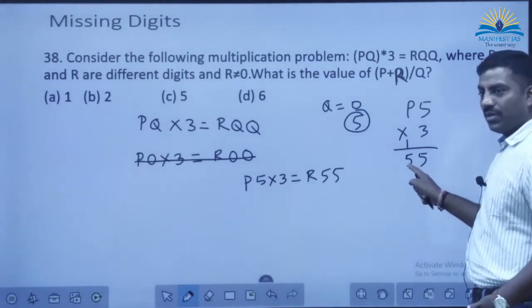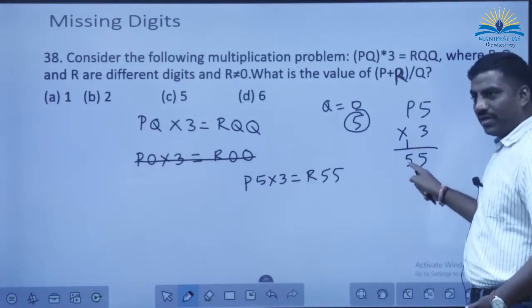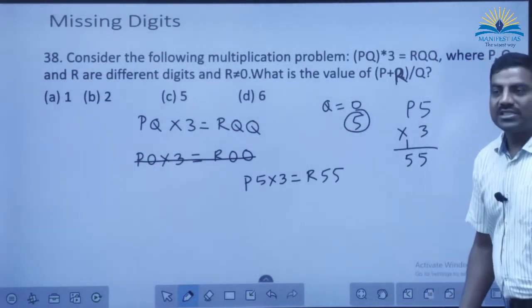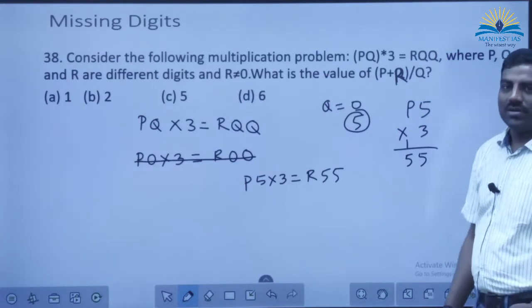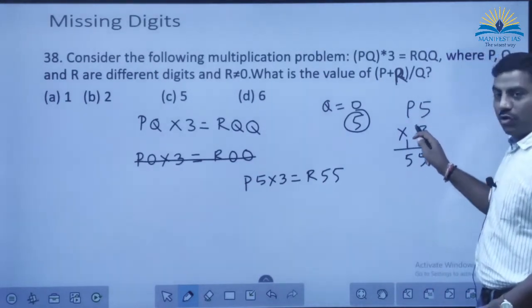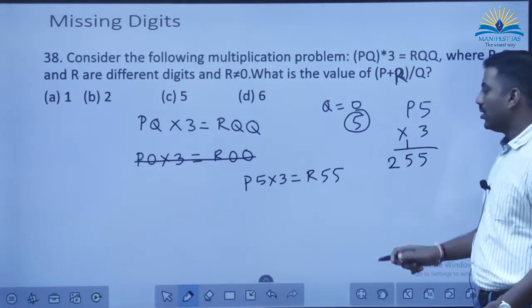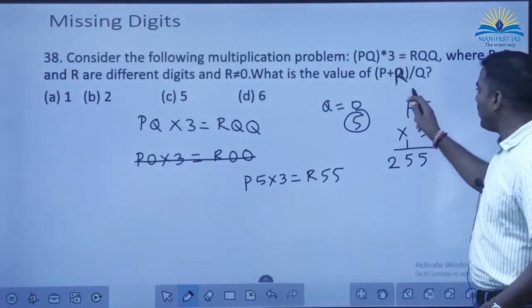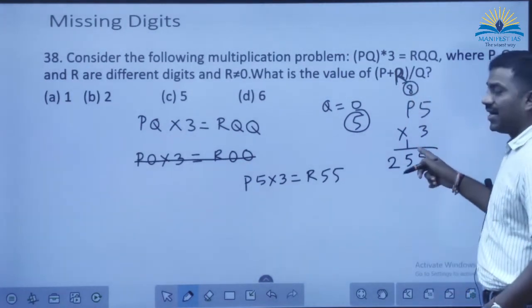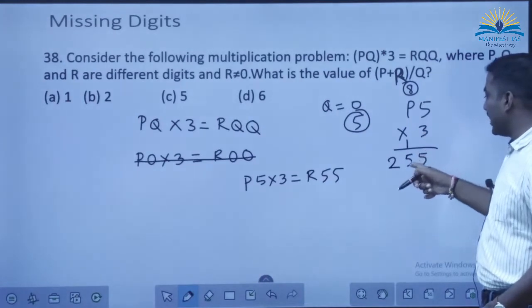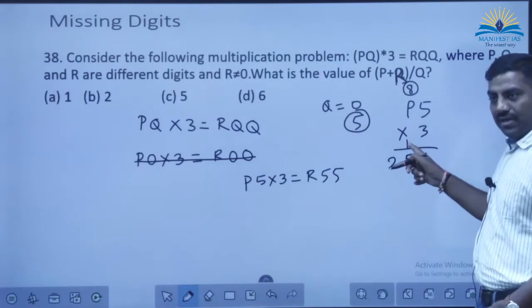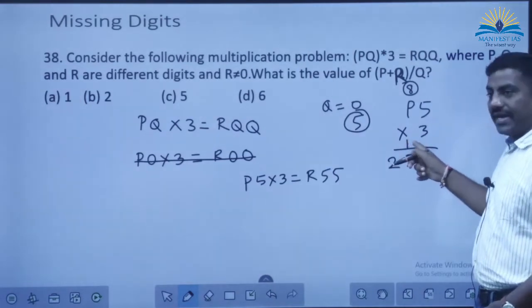Finally, it has to be 5. Before adding the carry to it, it should be 4. In the multiplication table of 3, which number will end with 4? 3 8s are 24, plus 1, it will be what? 255. So P value is 8. See, the clue is here. This is 5, this is 5, and this is 5. 3 5s are 15. We carry 1. This has to be added.